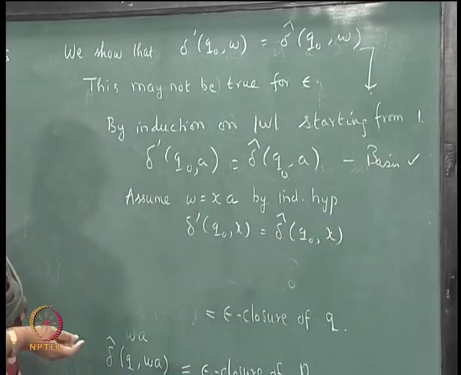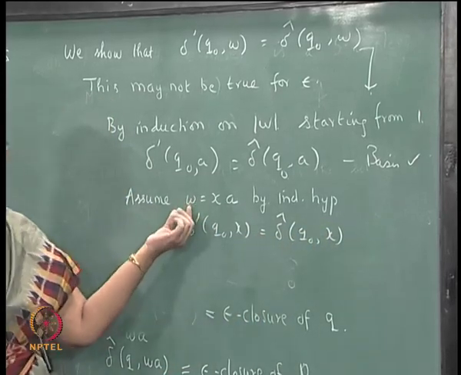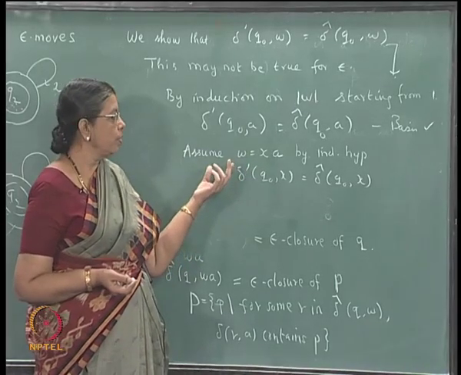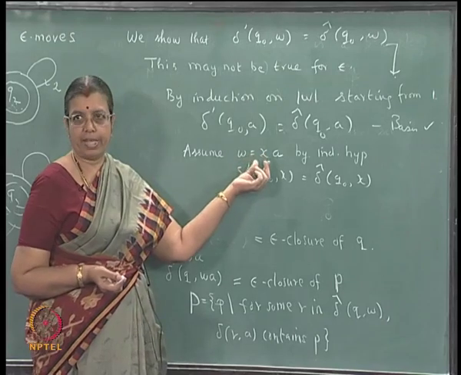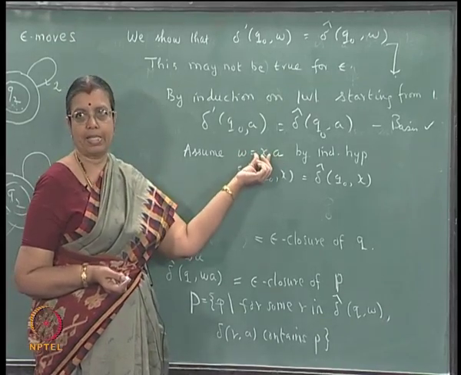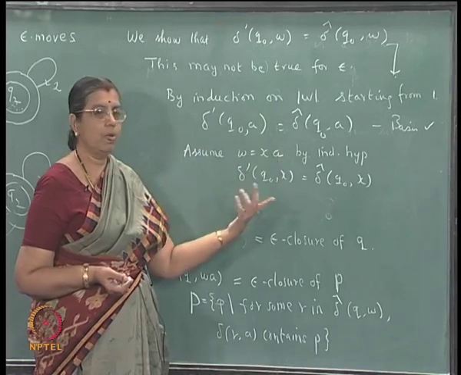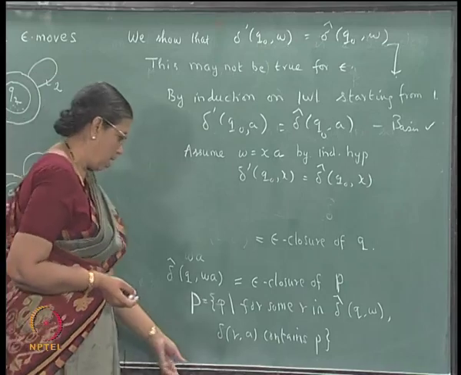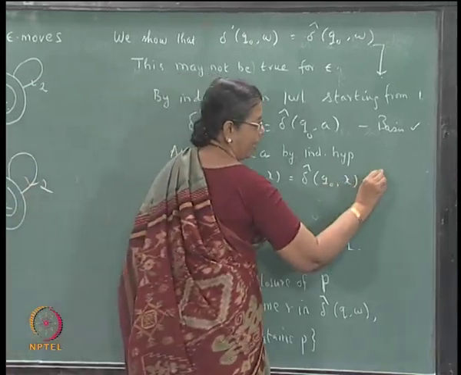The result holds up to string of length n, this is string of length n plus 1 and so on. So, assume that the result holds up to string of length n, w is a string of length n plus 1, x is length n, say a is 1. So, now this is a set of states, say some P.